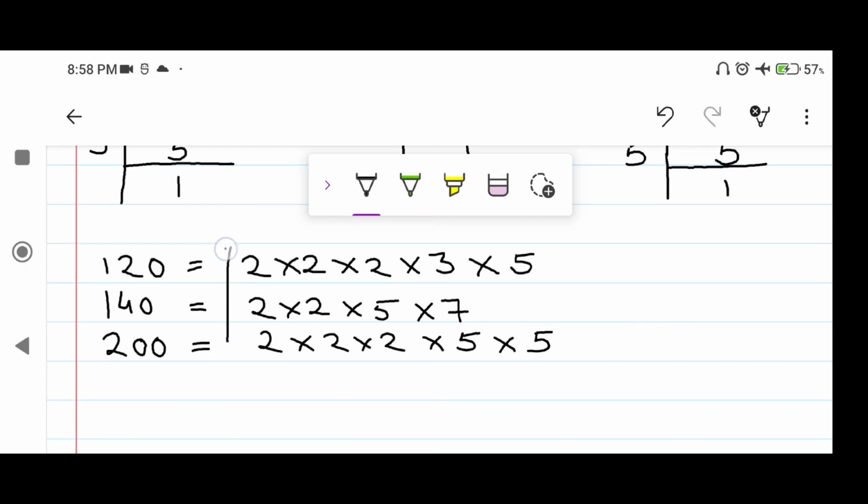Let us see. We can see 2 is common 2 times amongst the factors of all the three numbers. Then another number that is common in the factors of all the three numbers is number 5.